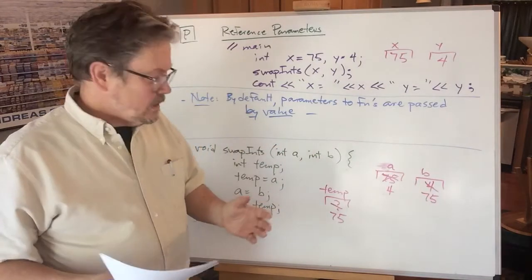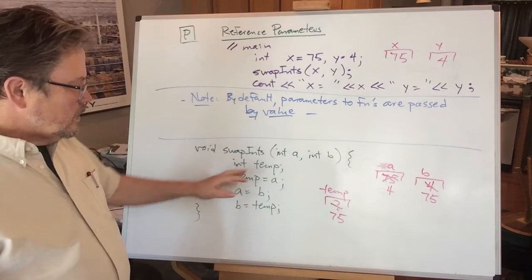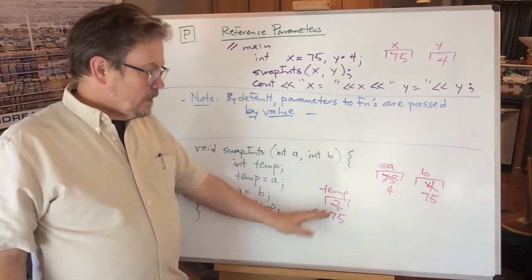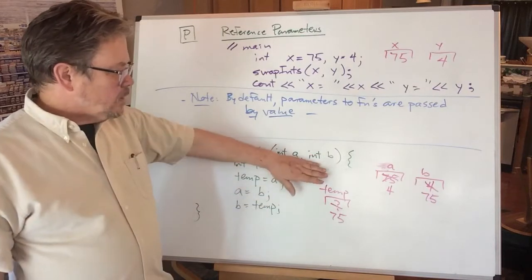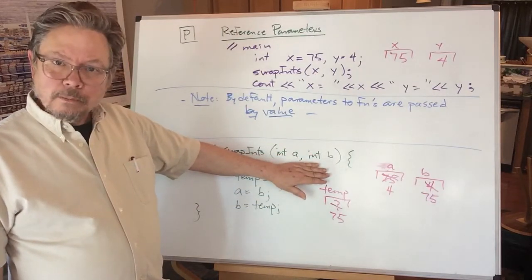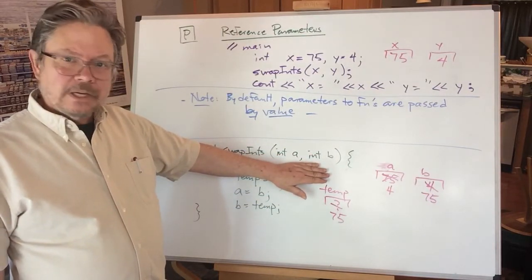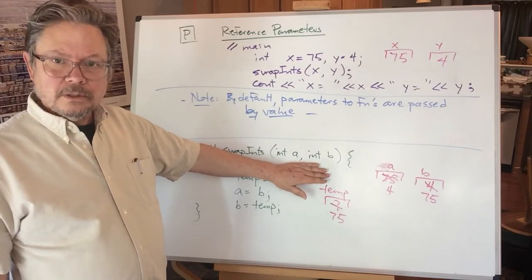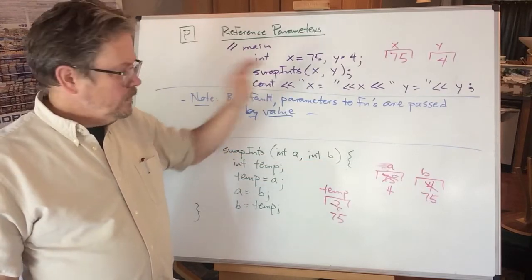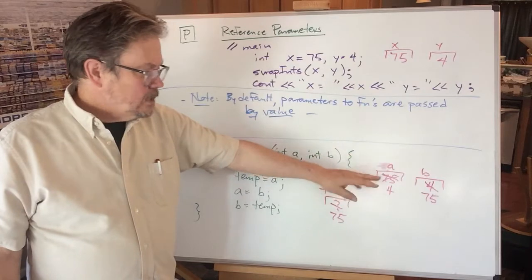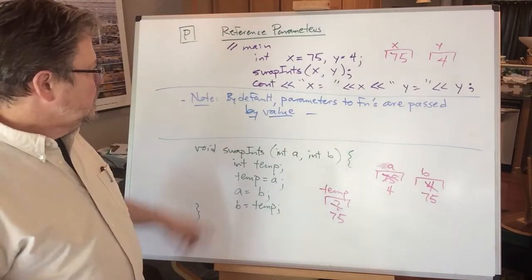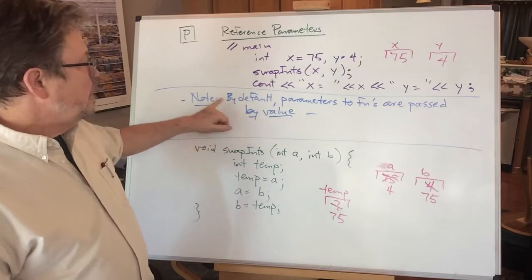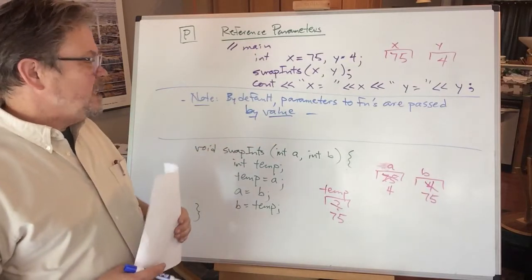The problem is this. We did all this work and swapped the values that they sent us, but those values got swapped in our local formal parameters, things that only exist for the function. And when the function goes back, it takes all that work with it. It takes back the newly changed values of a and b when those variables disappeared. I've got a dash here, that's not a period. By default, parameters to functions are passed by value.